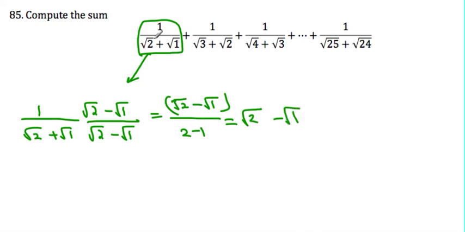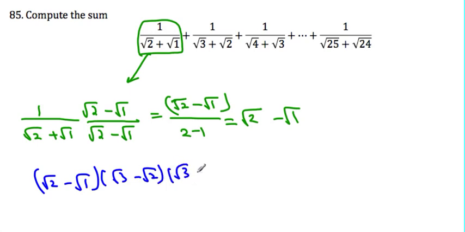Now, if the first term can be rewritten in this way, what would happen to the other terms? In fact, it becomes radical 2 minus radical 1, then radical 3 minus radical 2, and then the third one is radical 4 minus radical 3. And it would have continued, and at the end we have radical 25 minus radical 24.